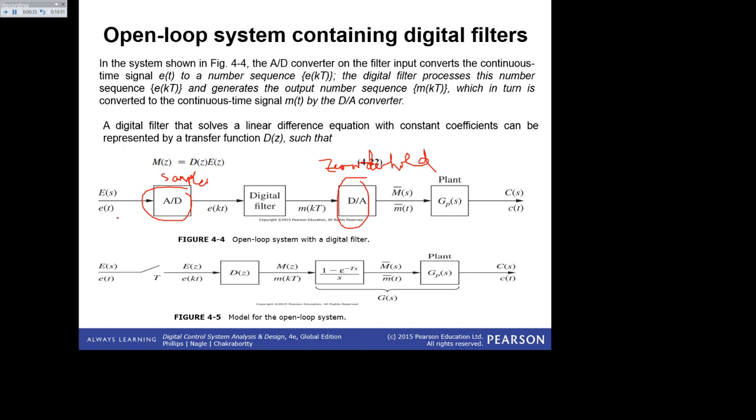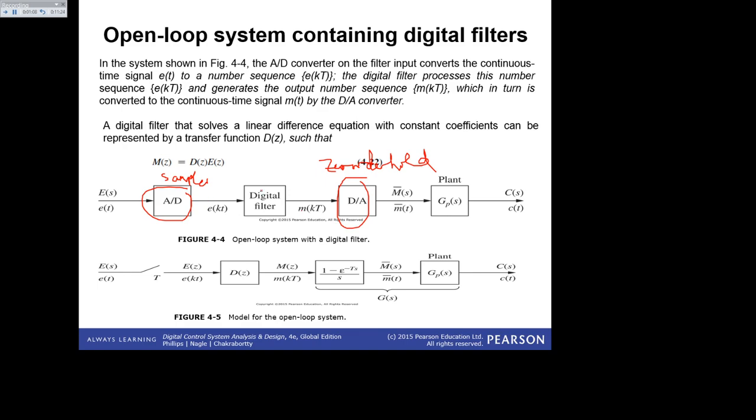Now when you have a continuous time signal and apply it to a sampler, it will be converted to a discrete number sequence. This sequence in discrete form will be passed through the digital filter, and the filter is going to process this sequence to give you an output.